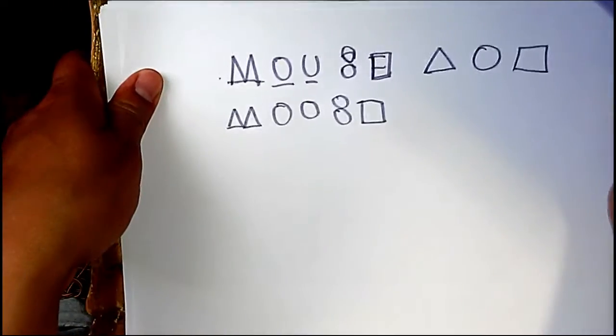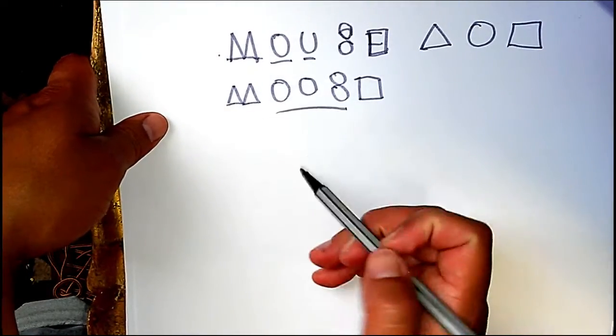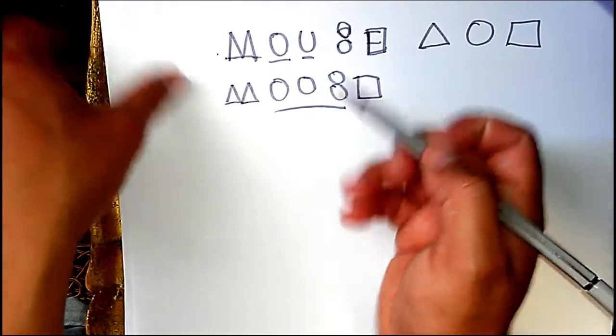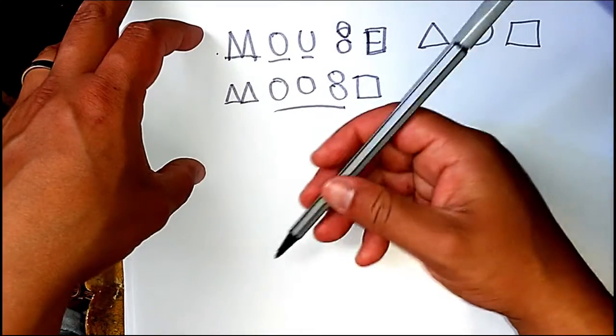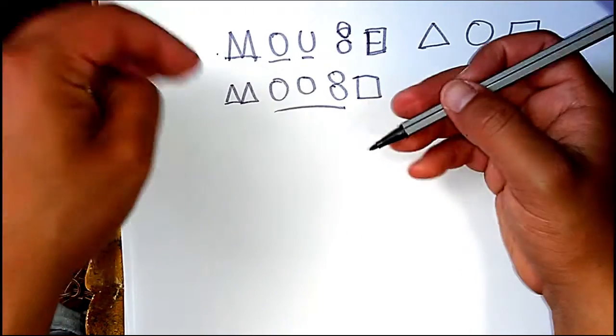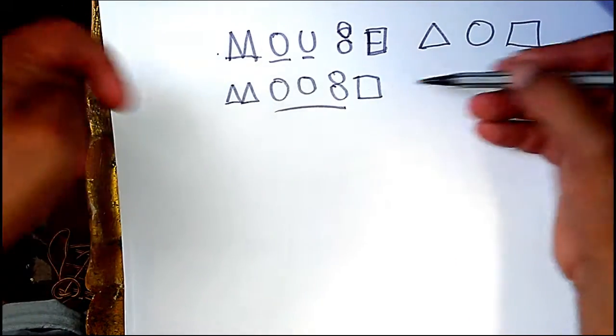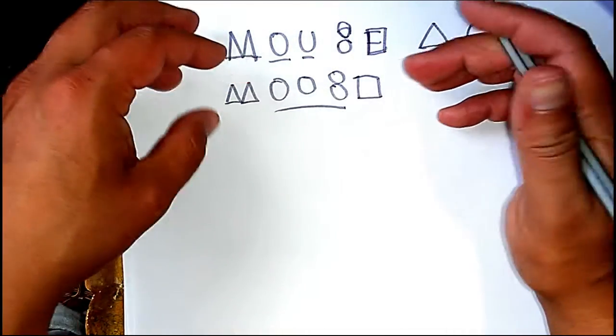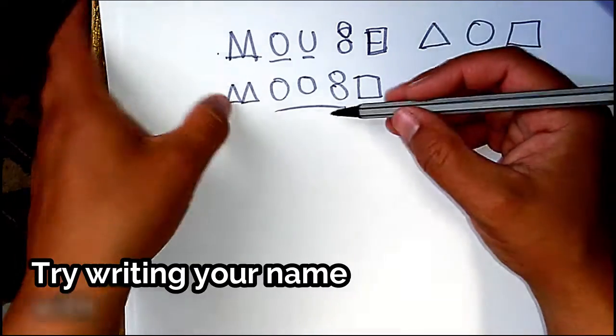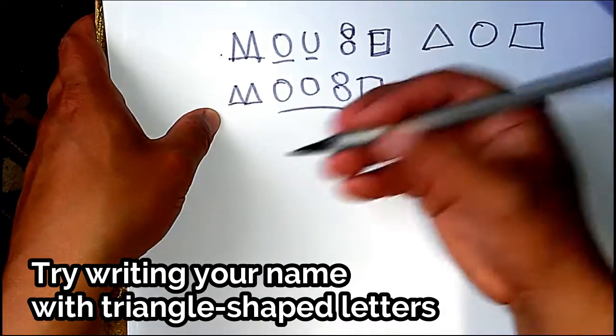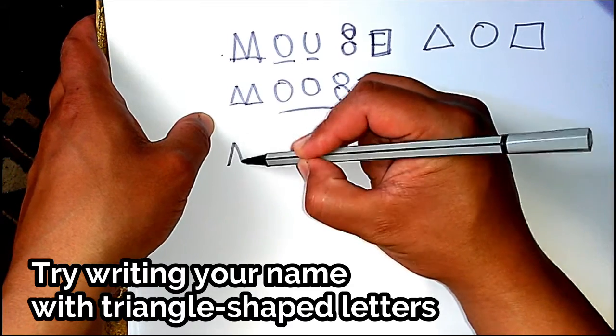So I personally don't mind the way it is right now. The circles in the middle, just the ends need to have a good balance to me. So what I want you to do is take your name and try and play with it in these really simple patterns. So I'm going to take mouse and I'm going to make all of them into triangles. So how would that look?